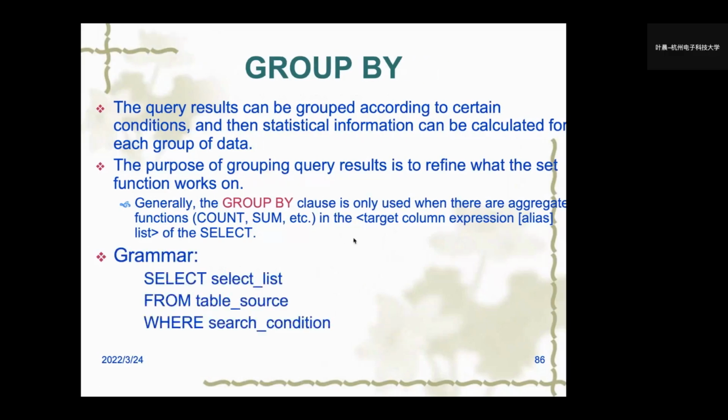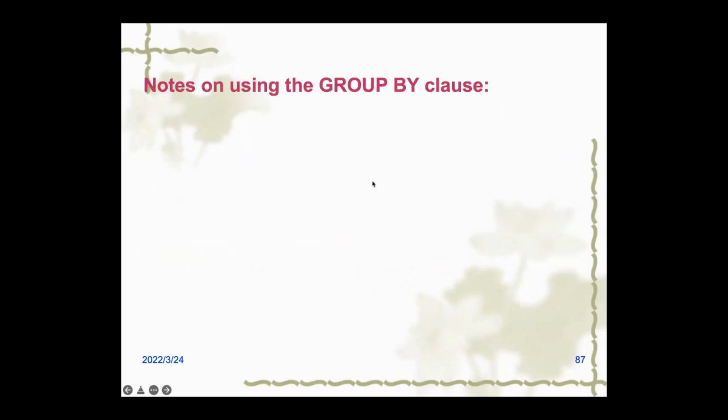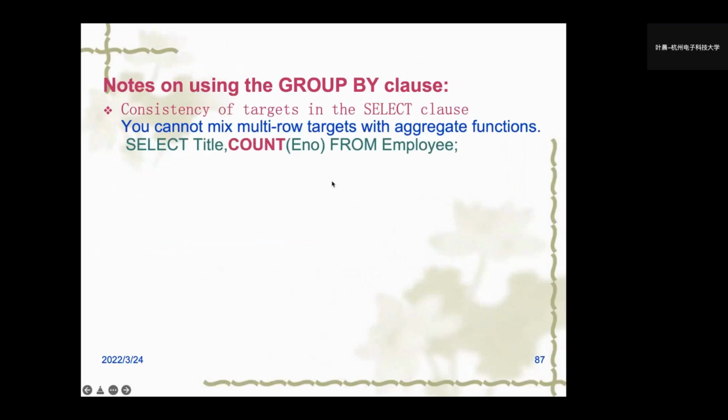So the grammar is SELECT select list FROM table source WHERE search condition GROUP BY, and here you need a group by expression. The note on using the GROUP BY clause is that you need to keep the targets in the select clause consistent. You cannot mix multi-row targets with aggregate functions.